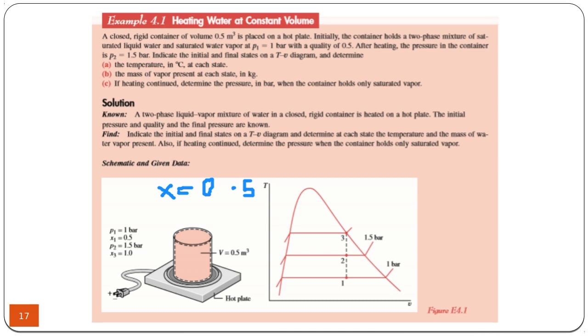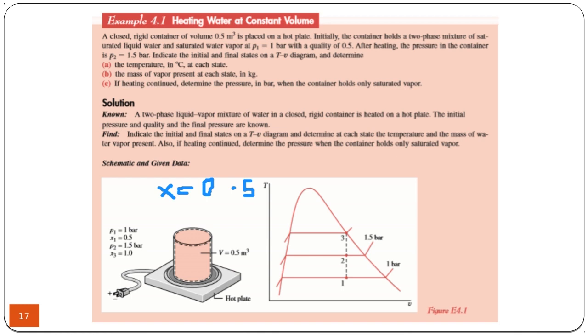So at this point, you can see that all the water has converted to vapor, whereas at the state 2, even though the quality has increased, we get a quality greater than 0.5 here because of the location. So the closer to the saturated vapor, the higher the X. X is 1 here, X is 0.5 here.